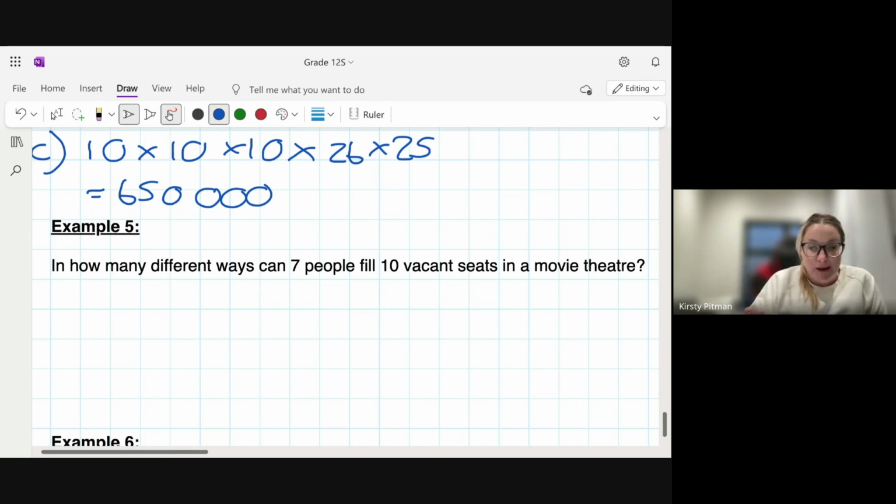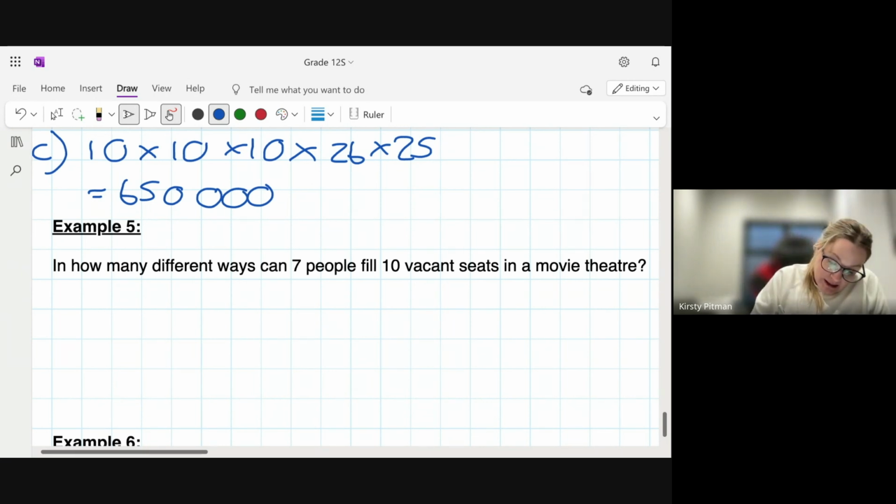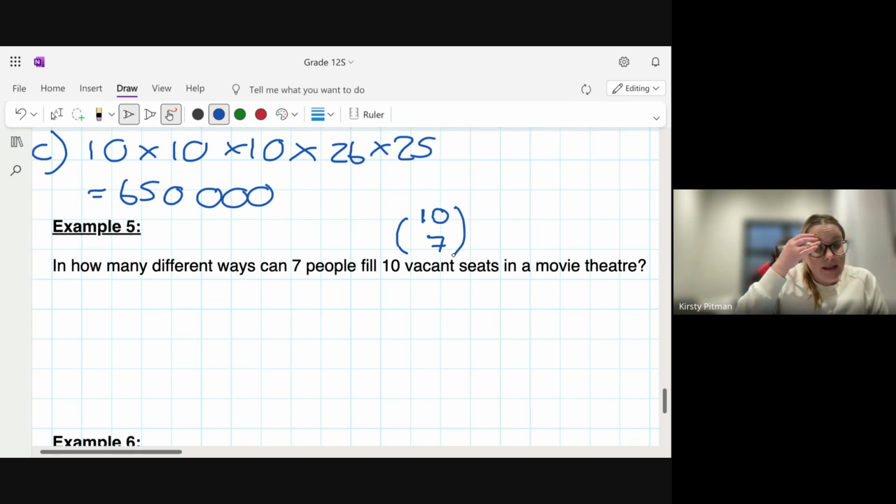And when I do these ones, this is how it works in my head, how I think of it. Guys, you can do it however you want, but this is how I think of it. I'm telling myself there's 10 seats available, and I'm not using any kind of mouse. This is like my scratchings on my paper. And I've got 7 people. So I've got 10 seats, I've got 7 people.